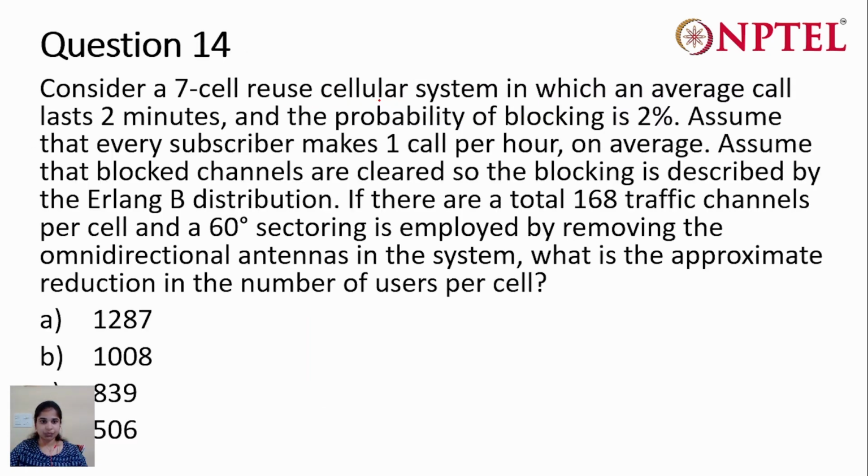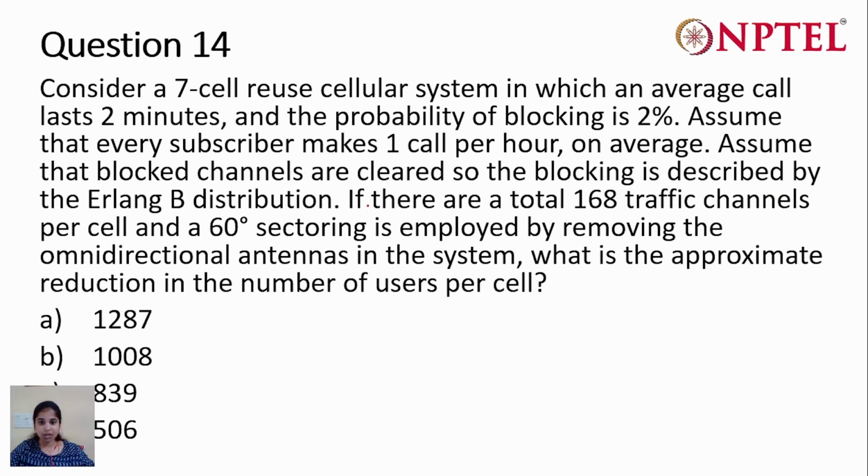We have a 7-cell reuse system and the average call lasts about 2 minutes. The blocking probability is 2%. Assume that every subscriber makes 1 call per hour on average. Assume that blocked calls are cleared, so the blocking is described by the Erlang B distribution.